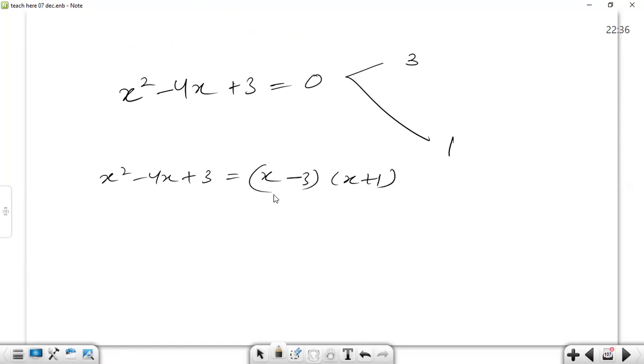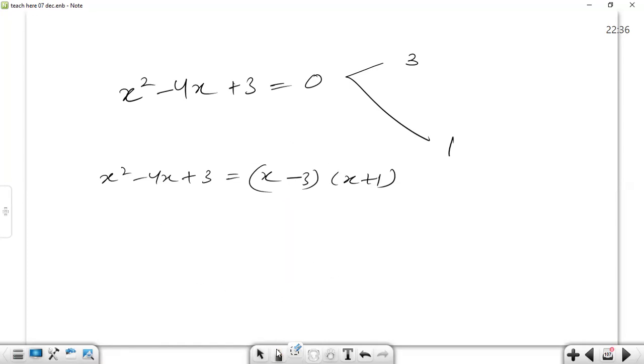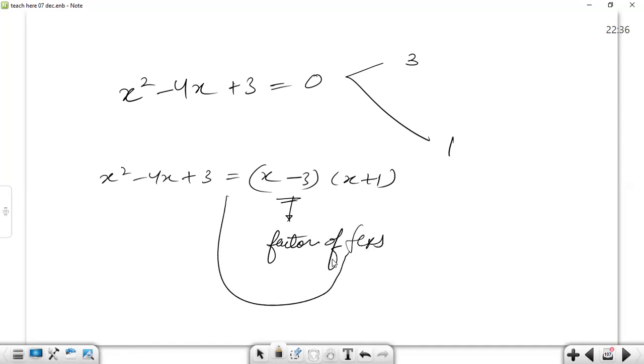So x minus 3 is a factor of this expression and can completely divide it. Why a factor?